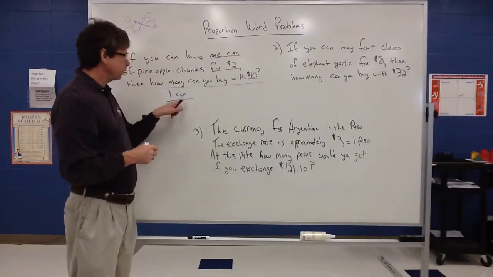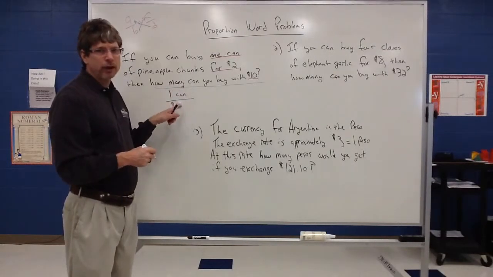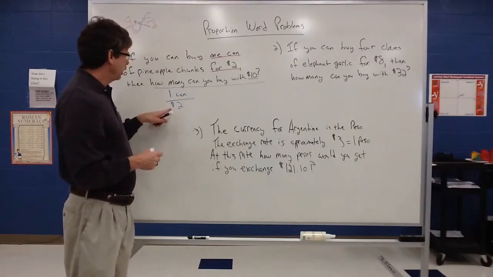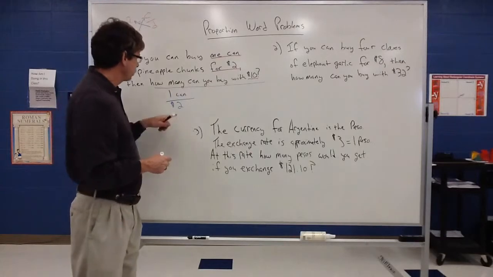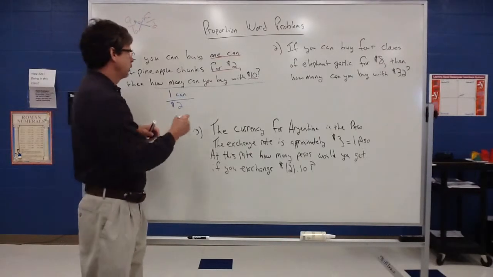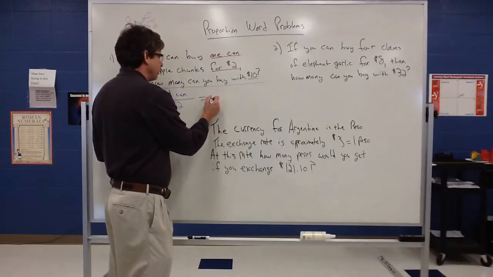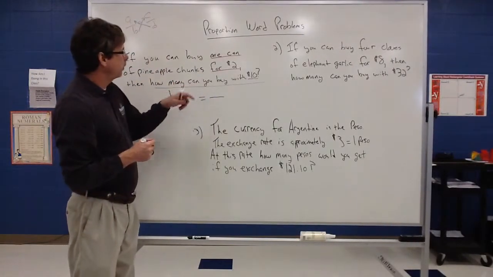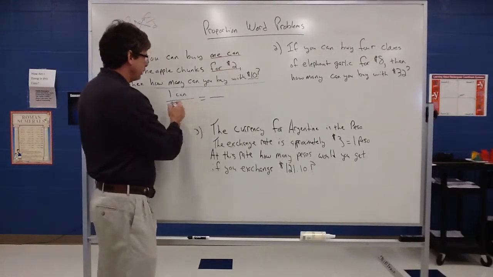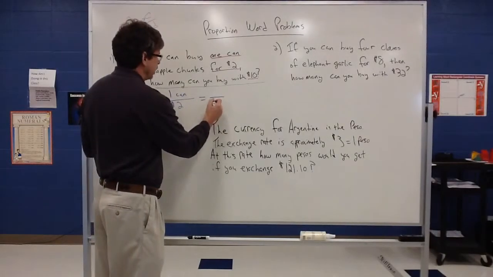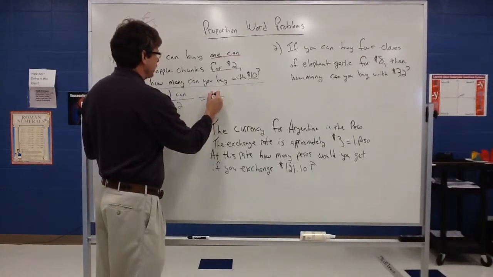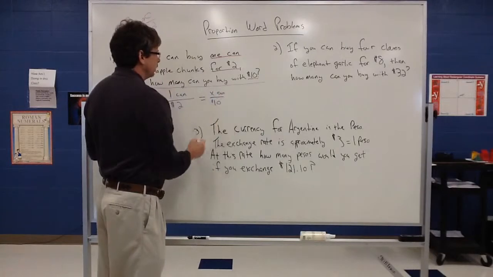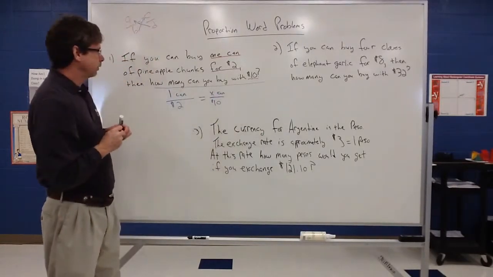A lot of times I like to keep the labels with it, so for the 1 we write the word can, and for the 2 we write the dollar sign. Now, when I come over to this other side, what we're trying to figure out is how many cans you can buy with $10. Notice the $10 is the money, and what we're looking for is how many cans we can buy for it.